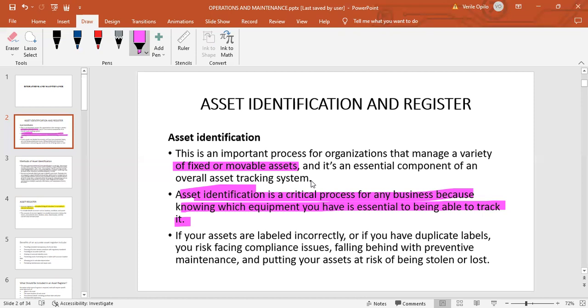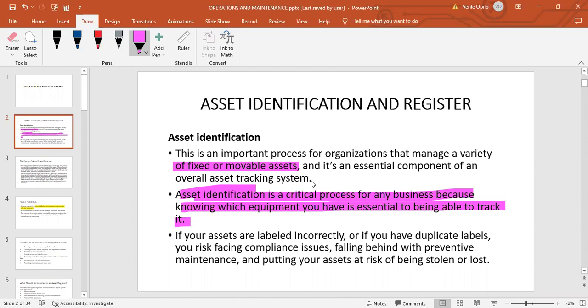So an organization should also do that, especially for assets, especially the current assets. It is good for you to label them. The furniture, you label them. You can have tags, you can have codes that you put on your assets so that you can identify them. So labeling the assets in the business is very important.